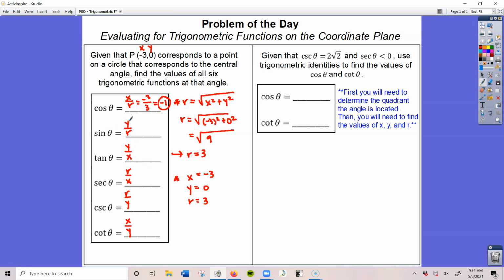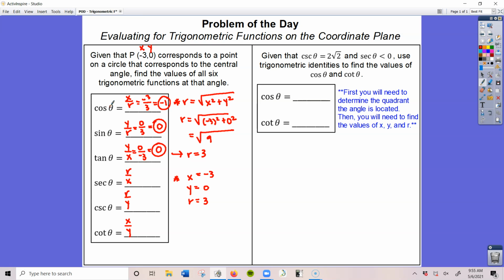Sine of theta is y over r. So y is 0, r is 3, and 0 divided by anything is 0. Tangent is y over x. So y is 0, and x is -3, and again, 0 divided by anything is 0.